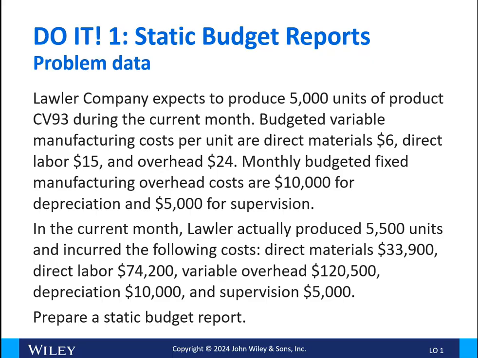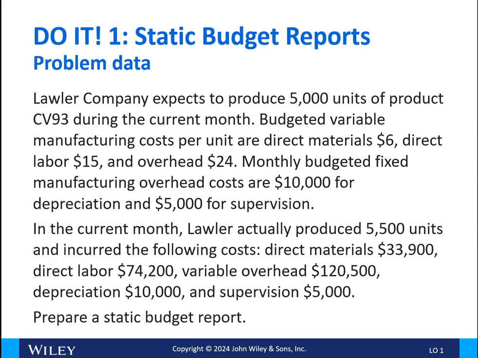In the current month, Lawler actually produced 5,500 units. Direct materials were $33,900, direct labor $74,200, variable overhead $120,500, depreciation $10,000, and supervision $5,000. Prepare a static budget report.